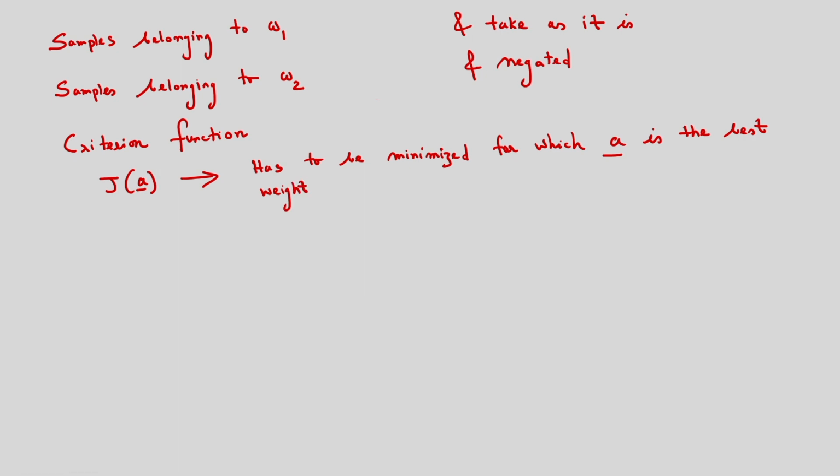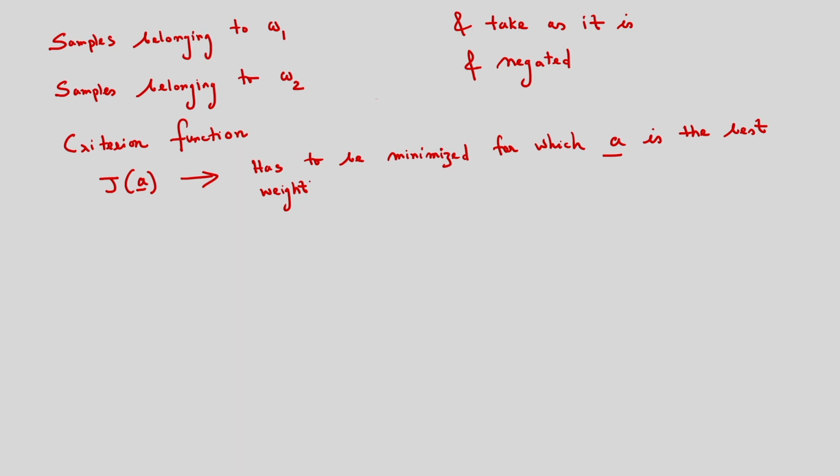That means the weight vector which can classify all the samples correctly is the best weight vector, which minimizes the criterion function. I am repeating this: we are determining the best weight vector, the one which can classify all the samples correctly, and it minimizes the criterion function J(A). To determine the best weight vector, I have to consider the minimization of the criterion function.